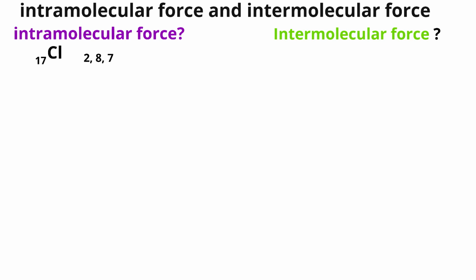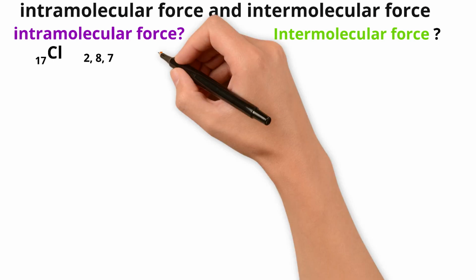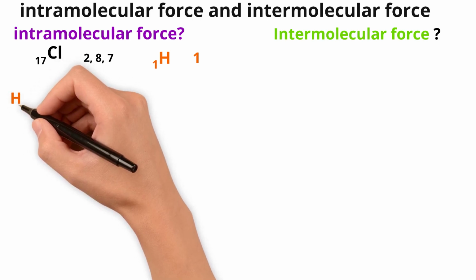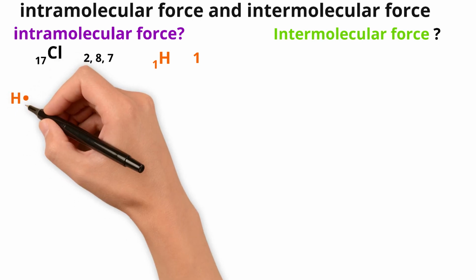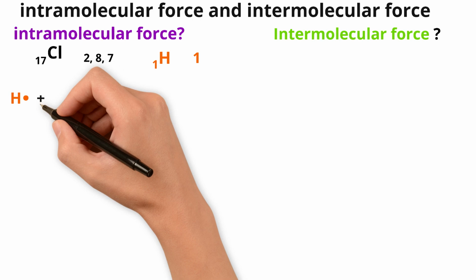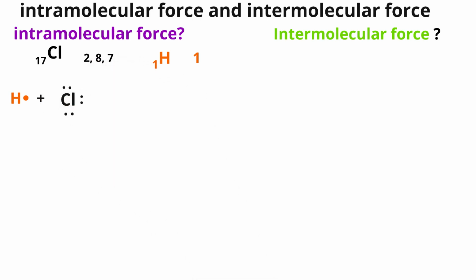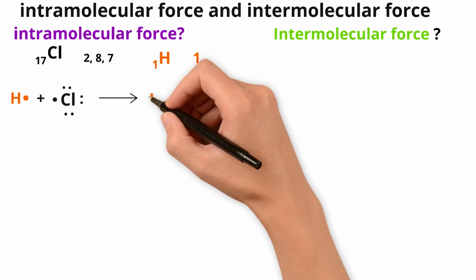To form hydrogen chloride: chlorine's atomic number is 17, its electron configuration is 2, 8, 7, and this chlorine atom needs one electron to have 8 electrons in its outermost shell, but hydrogen has only one electron. So to form hydrogen chloride, both hydrogen and chlorine must contribute one electron and form shared electrons.